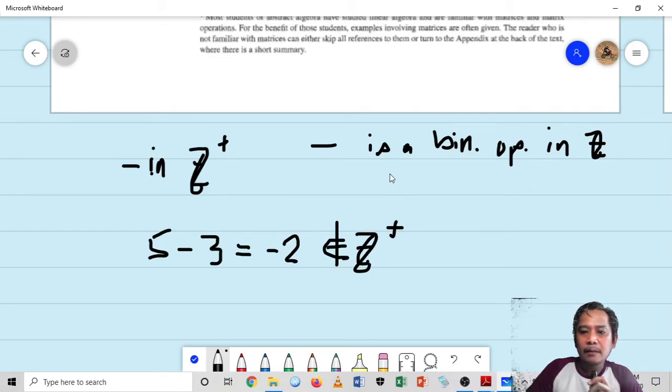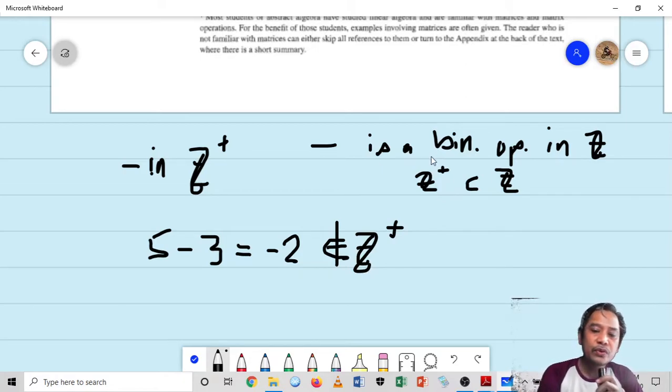But subtraction is not a binary operation in Z plus, even if Z plus is a subset of Z. Right? Z plus is a subset of Z, but the operation subtraction is not closed in Z plus. Therefore, subtraction is not an induced operation from Z to Z plus.